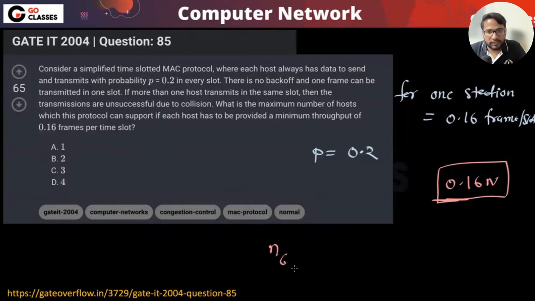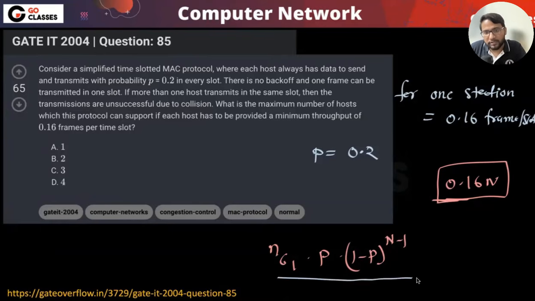Now, what is the throughput of Aloha? If you remember, in slotted Aloha, this is the throughput. If you have N stations, then this is the throughput that you will be getting, or the probability of success.